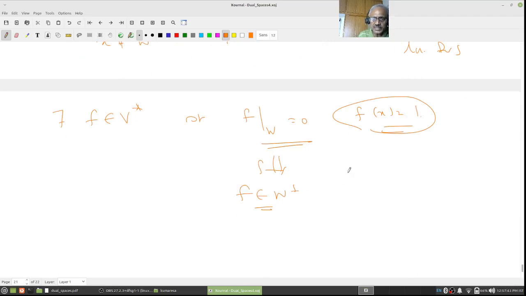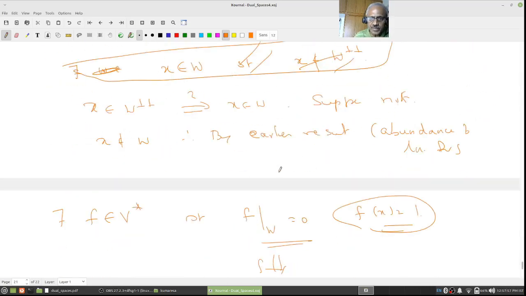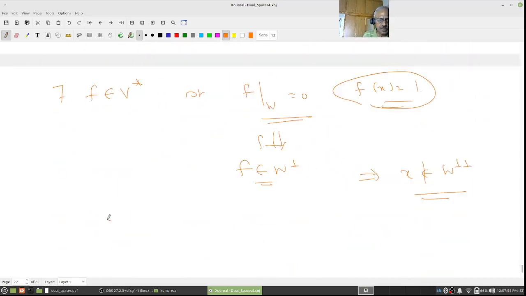This contradicts. Because if x is in W double perp, for every f in W perp, f of x must be 0, but my f of x is equal to 1. Therefore, we have proved W double perp is contained in W. That is, W double perp is equal to W.